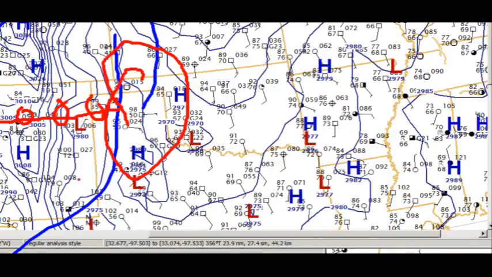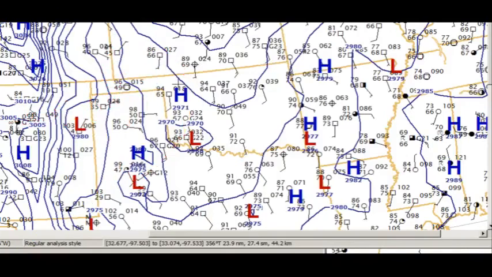So that would be one thing you would watch. And of course you can use the pressure to find the fronts as a cheat. But using pressure is secondary to using temperature, density, and moisture. The fronts should fall in the troughs, but you've got to go by that temperature and moisture.